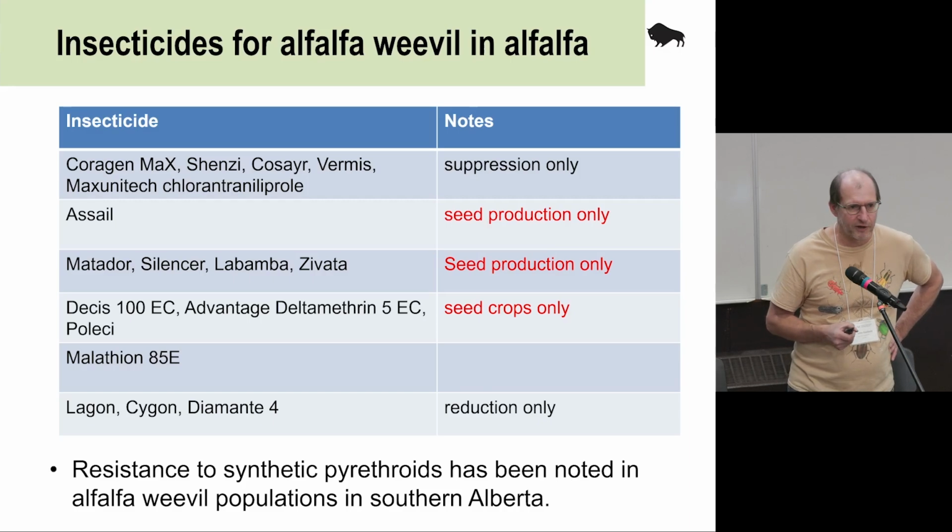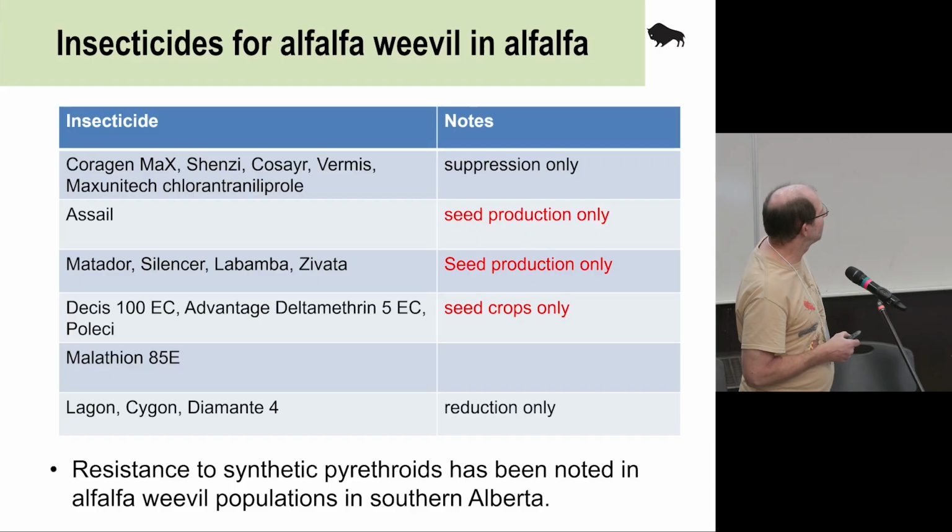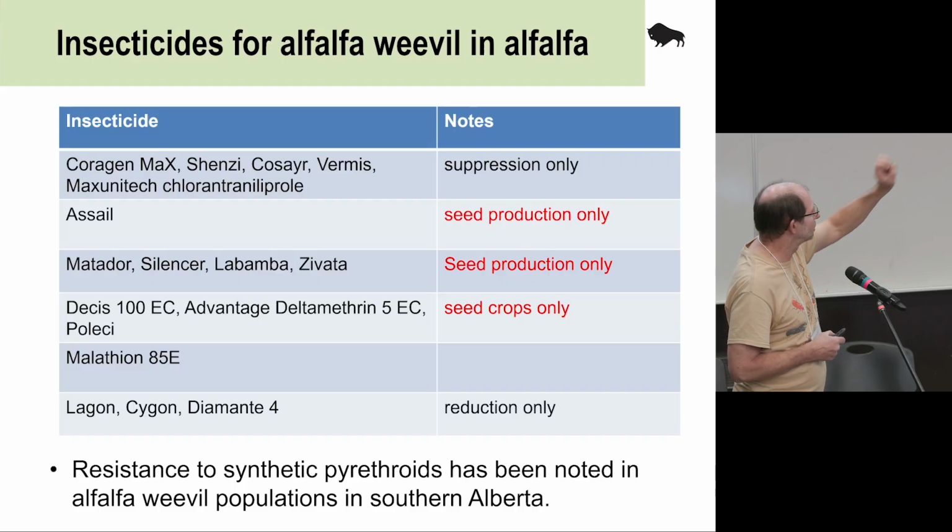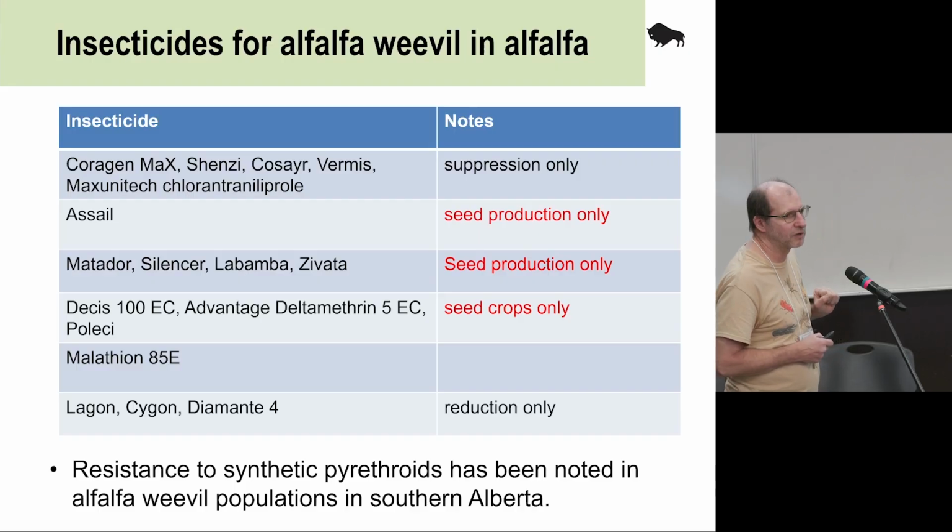Now, our insecticides. I've put a notes column in my table here. These are all the insecticides registered for alfalfa weevil. It's not a long list. You've got a few different groups in here, but you'll notice that some of them, your Coragen and the generic versions, are suppression only.